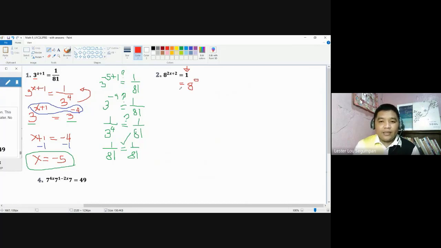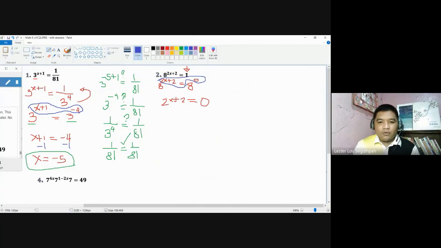Because if we do that, it's still equal to 1, and it now has the same base as the left-hand side of the equation. Now that they have the same bases, use the property of equivalent exponents, and we can say here that 2x plus 2 is equal to 0.